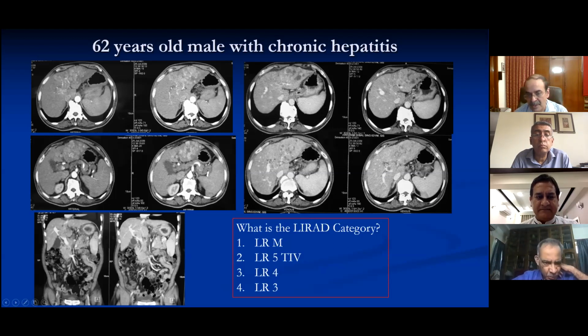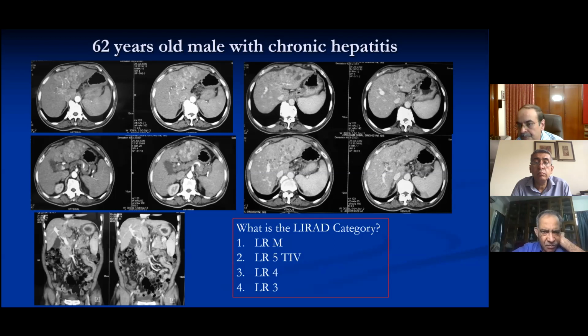And the question you have to answer is, what is the LI-RADS category of this lesion? The choices are given here, between LR-M, LR-5, LR-4, and LR-3. You have to choose and poll accordingly.